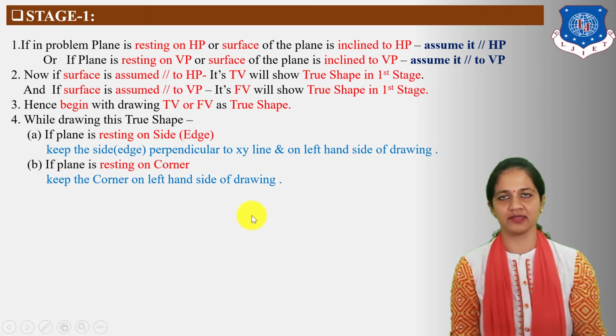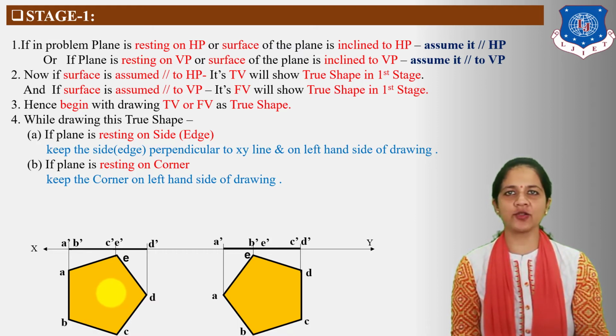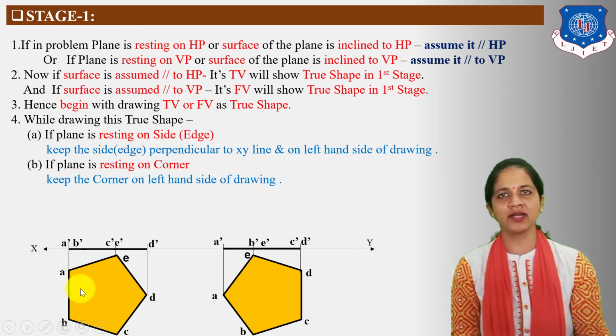of the drawing. Here you can see the top view and front view of a pentagonal plate which rests on HP or is parallel to HP. So the top view is a true shape and the front view is a straight line. In the first figure, the pentagonal plane is resting on HP on a side or edge.